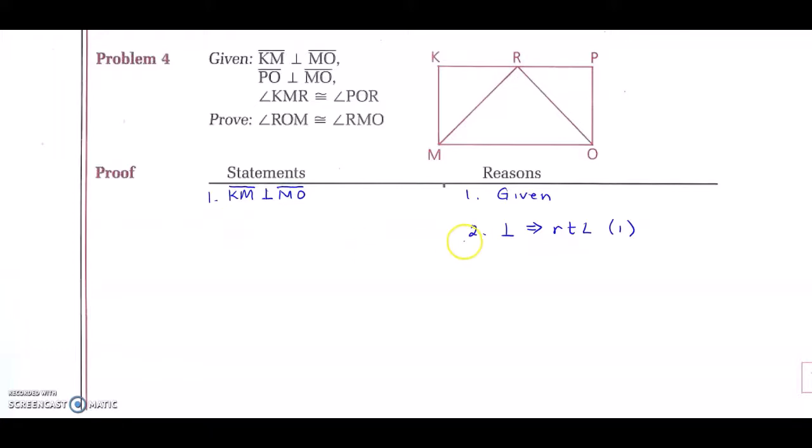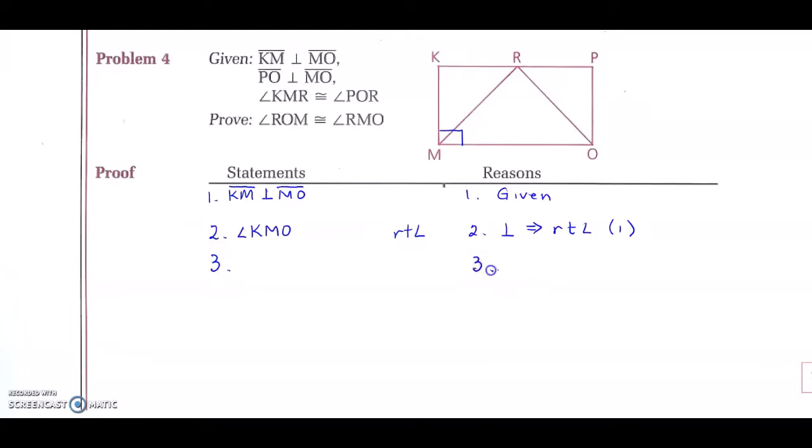So that would mean, lining this up vertically and horizontally, angle KMO is a right angle. You'll see why I left a big space there in a moment.